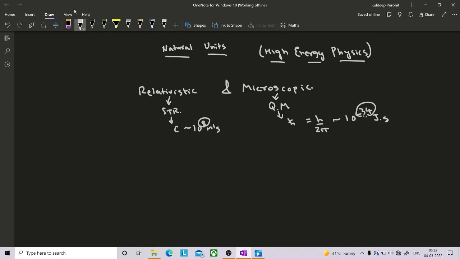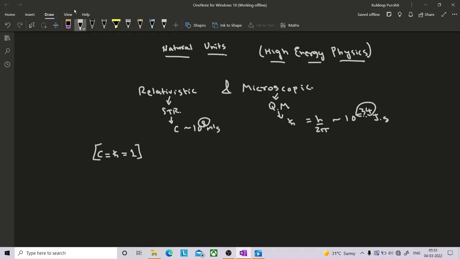If you have c square or h bar square, these things will unusually dominate and make the expression very cumbersome, especially during numerical calculations. So what is the plan? The plan is to set them equal to 1. We have to set the speed of light and the reduced Planck constant to 1.